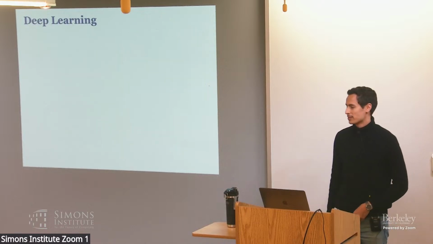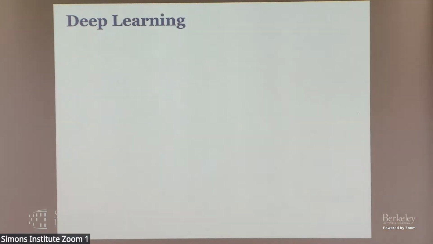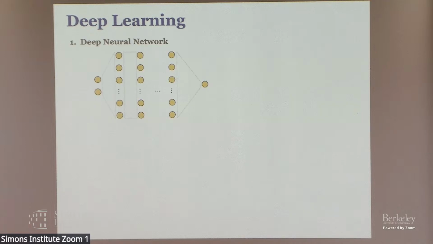Most of these models are built using this deep learning paradigm, which I like to think of as the interaction of 3 components. The first one is a deep neural network, a parametric model with maybe billions of parameters, if not more. The second component is the data, generally consisting of input-target pairs.